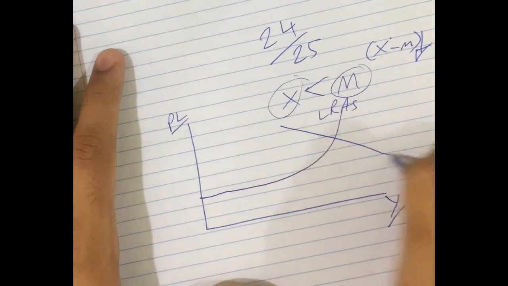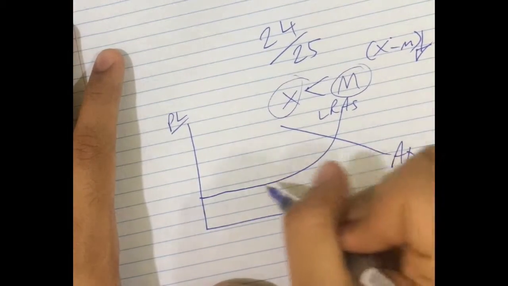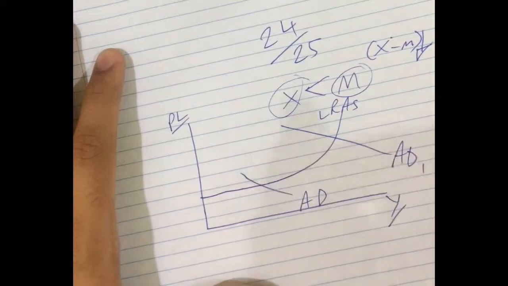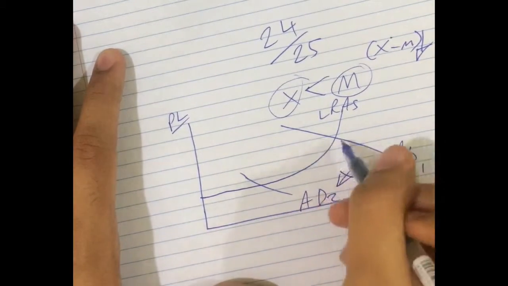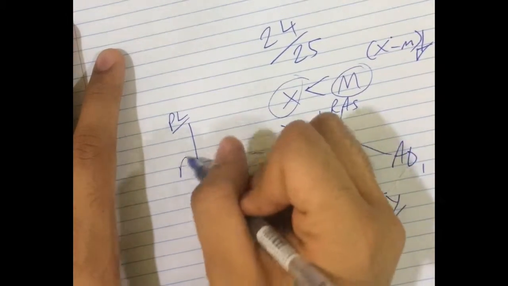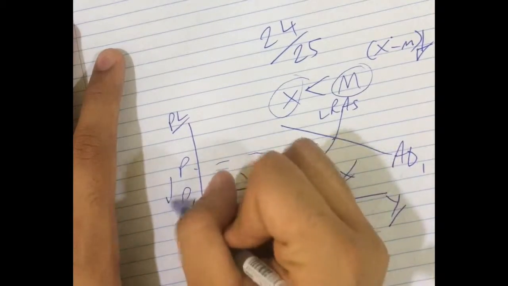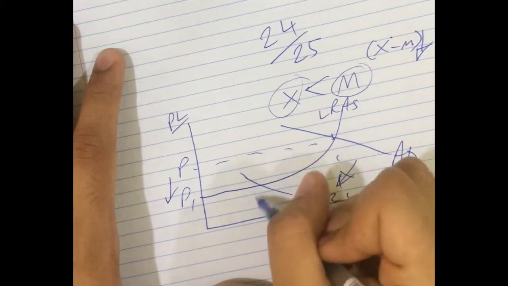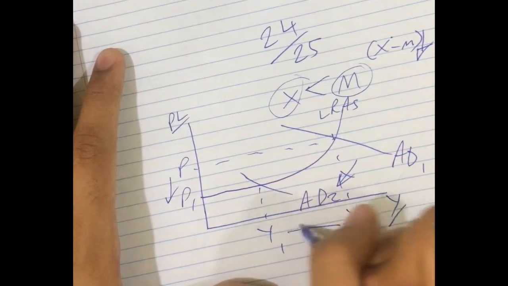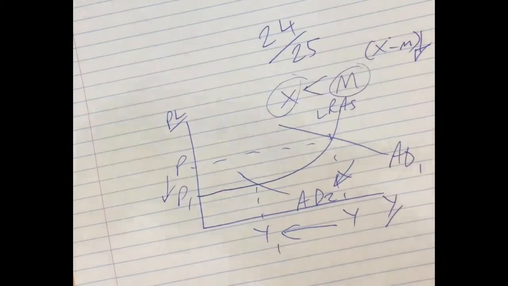And what that does is it reduces aggregate demand, and you can show that on a diagram with all the implications, price level reducing, economic growth reducing, etc.